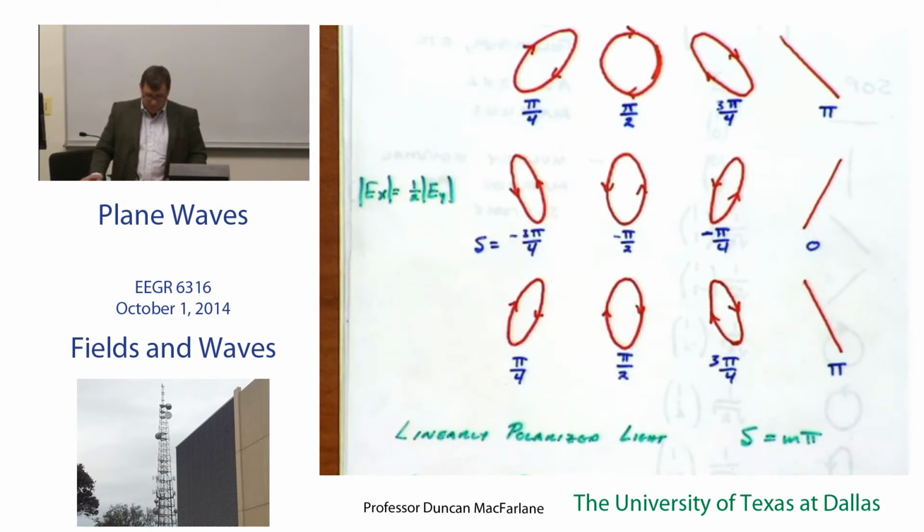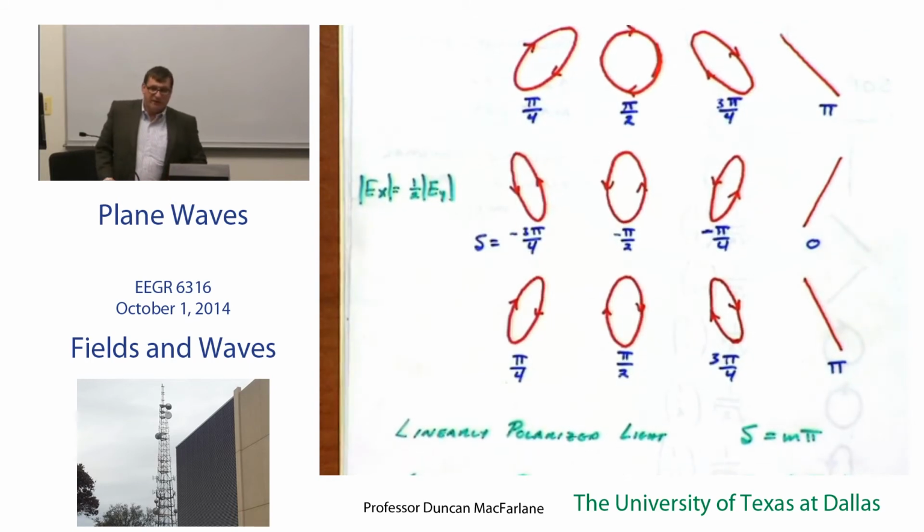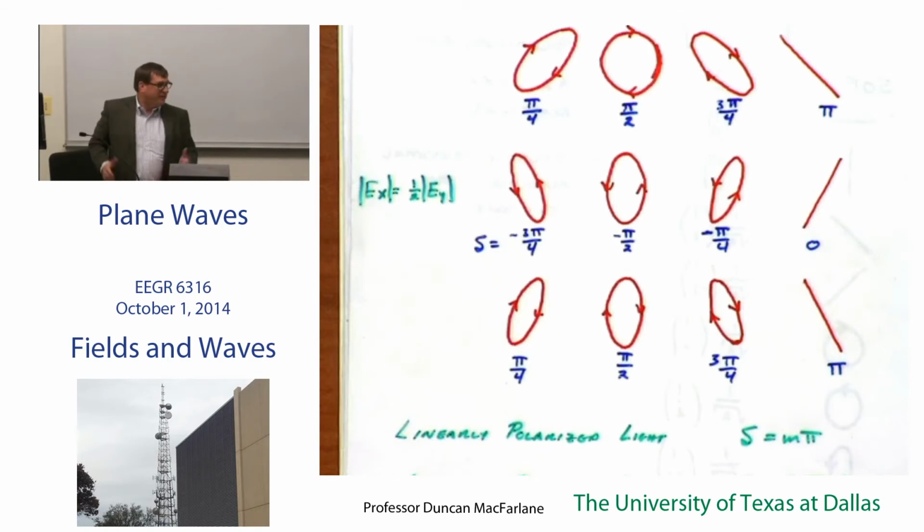Okay? So again, these are just painstakingly mapped out the same way I did it for you for the two special cases. It's really just superposition of two plane waves, and the 2 degrees of freedom I have are the relative amplitudes and the one relative phase.